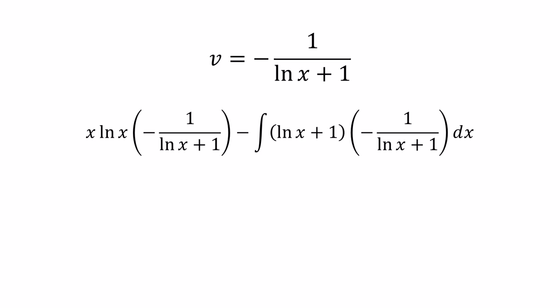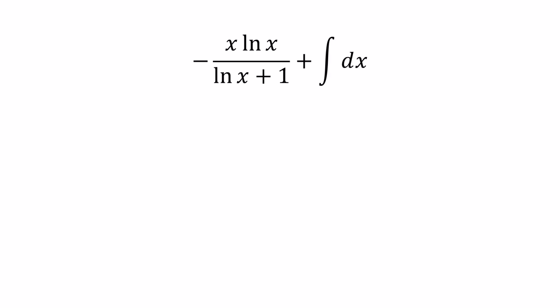Simplifying then gives negative x ln of x all over ln of x plus 1 plus the integral of dx. Integrating, we obtain minus x ln of x all over ln of x plus 1 plus x plus c.